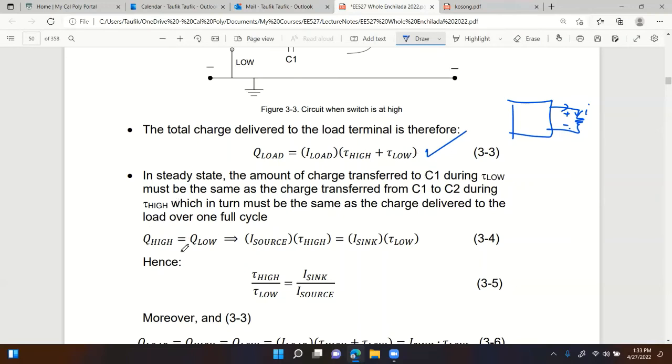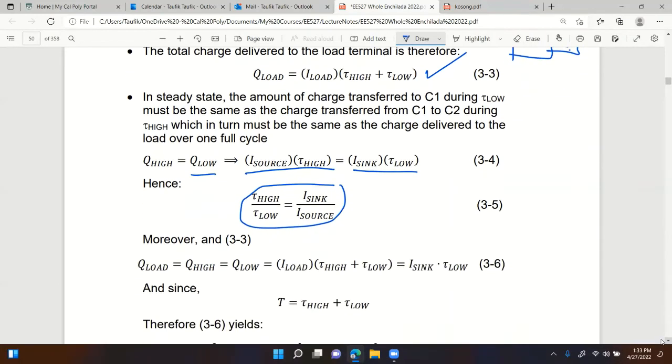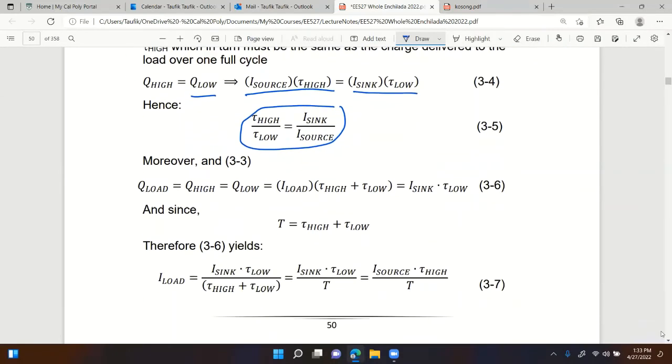So therefore, Q high is equal to Q low, right there. And the equation for Q high earlier is I source times tau high. Q low would be I sink times tau low, right? From here, I get the ratio. That ratio of tau high over tau low is equal to I sink over I source, right?